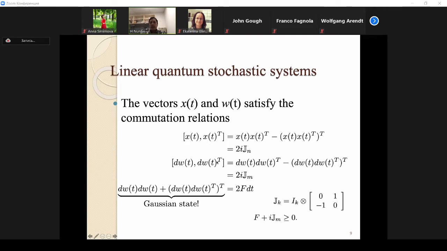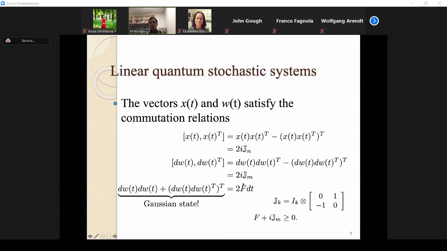In the same way, we also have the commutators for the differential of the noise, WT, the quadratures of the noise. It satisfies a similar commutation relation as X. Then the product of the differentials plus its transpose gives us a term 2F.